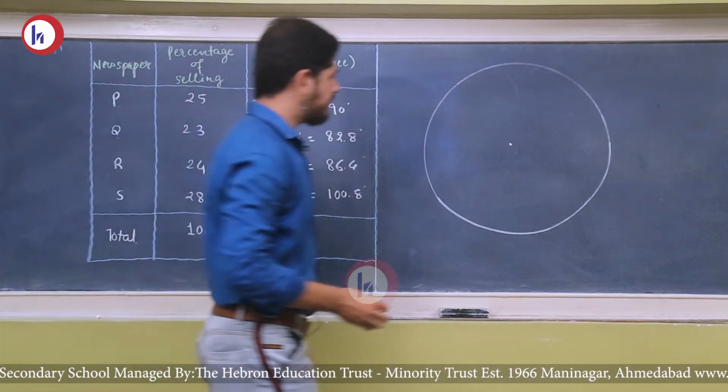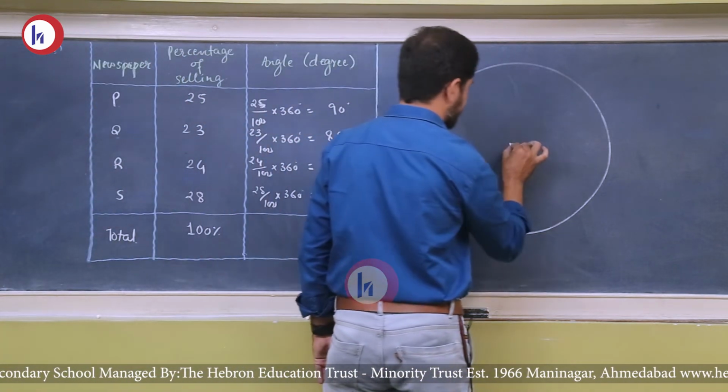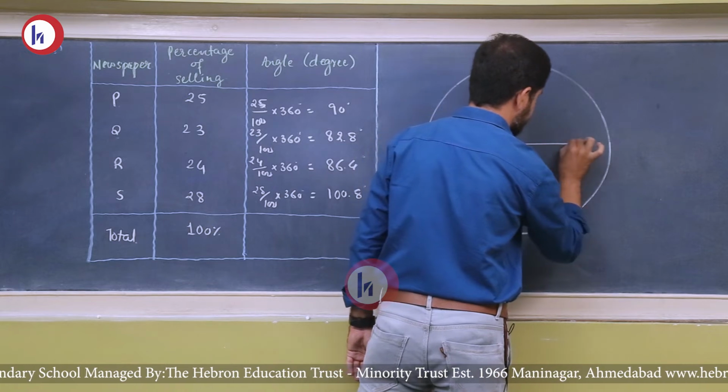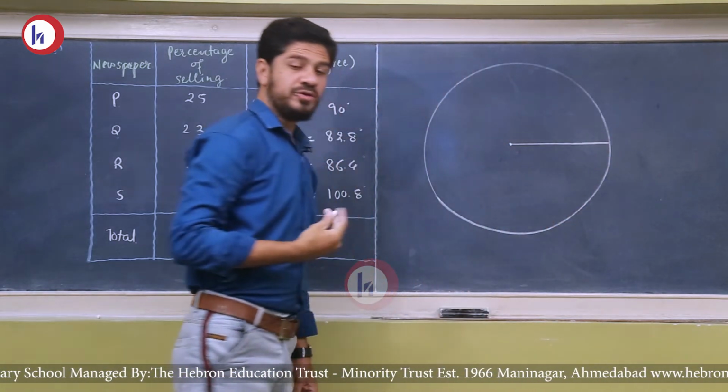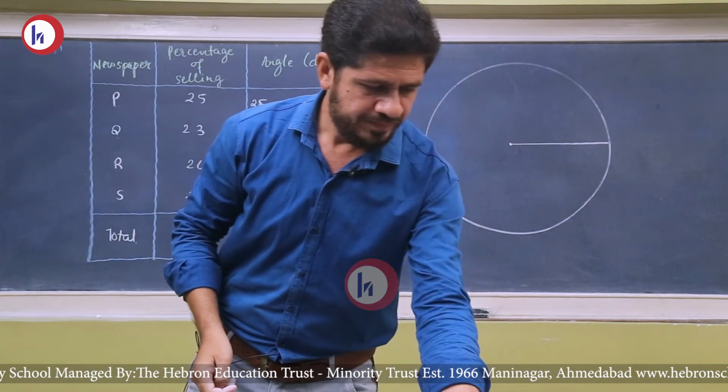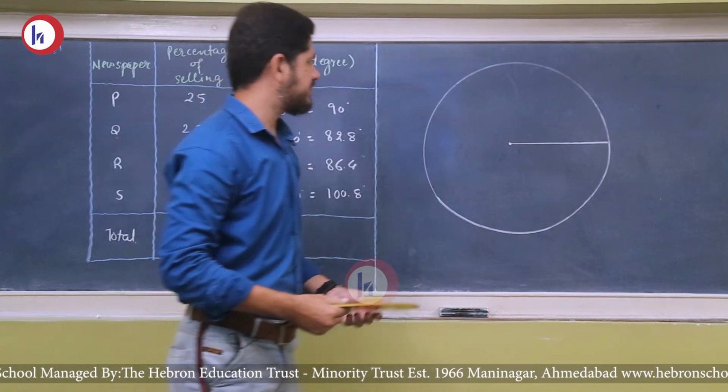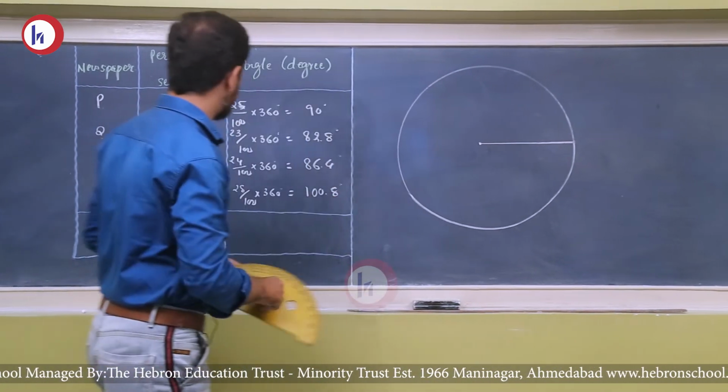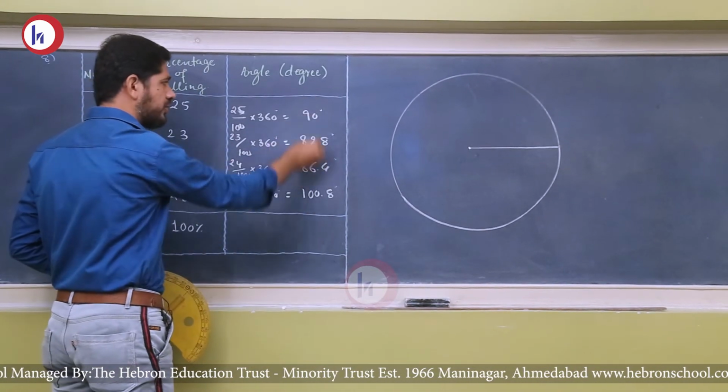Now, how can we start? We will start with any of the radius. So you can draw a radius on any side of a circle, and with the help of this instrument, we will denote all the degrees.